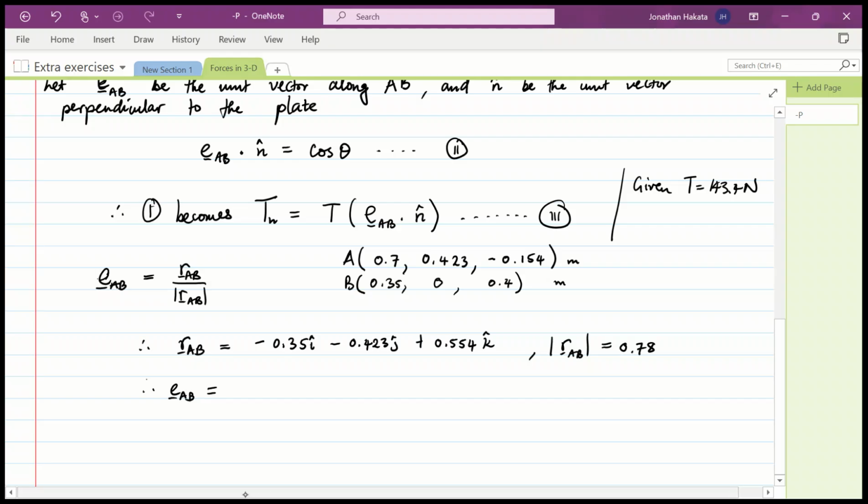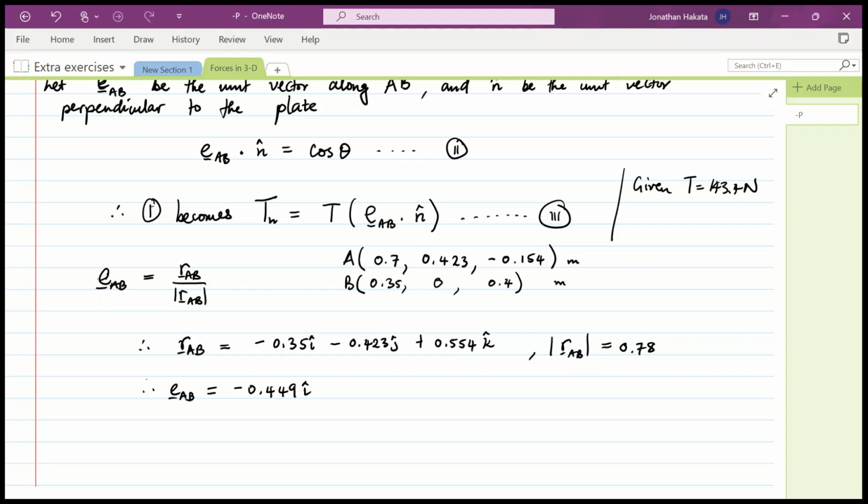So immediately we can calculate what EAB is. We take the entire vector divided by its modulus. So we are saying minus 0.35 divided by 0.78. You get minus 0.449i. We are keeping three decimal places so that we increase our accuracy.